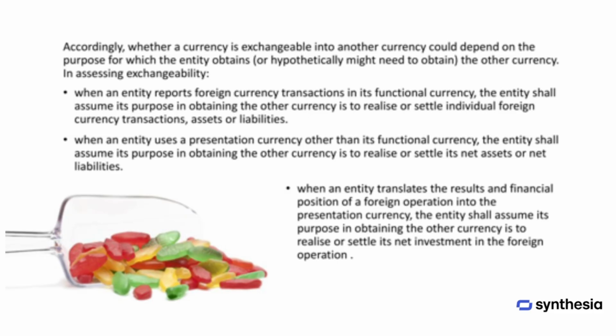On the other hand, when an entity uses a presentation currency that's different from its functional currency, the purpose should be assumed to be the realization or settlement of the entity's net assets or net liabilities. This means the assessment of exchangeability is not just about whether the exchange is possible, but also why the exchange is needed.